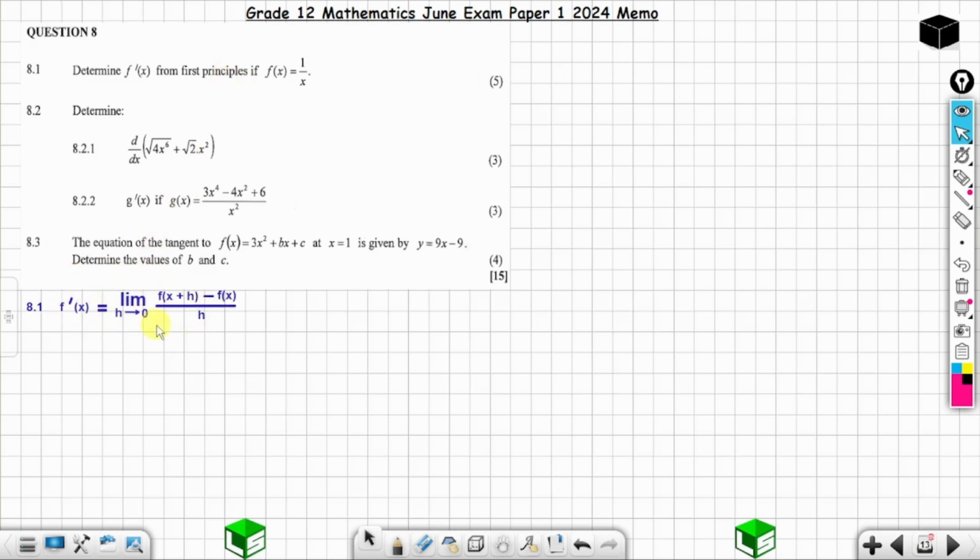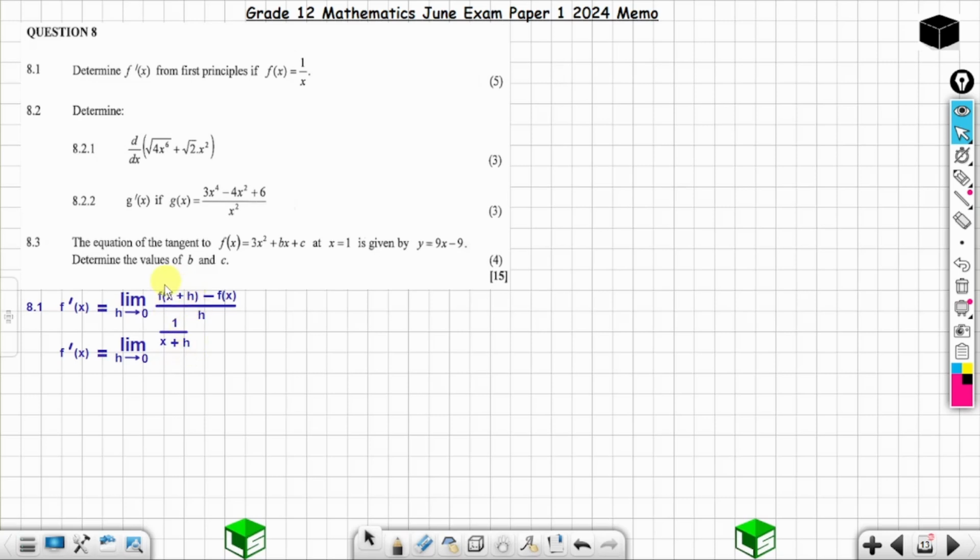This formula is given on the information sheet. So you have f prime of x is equal to the limit as h approaches 0 of f of x plus h. You are going to plug x plus h wherever you have x. So you are going to have 1 over x plus h.